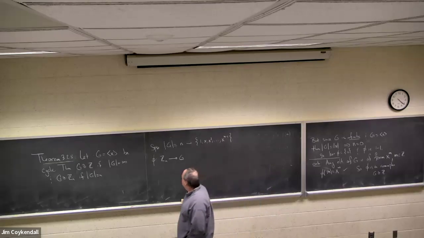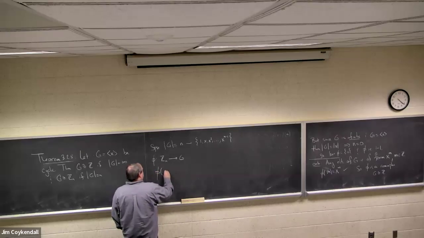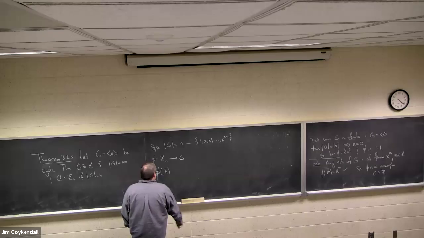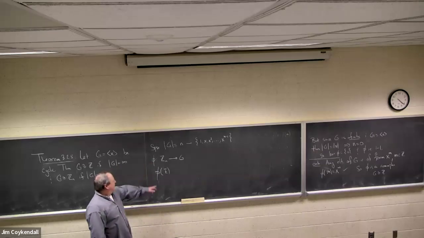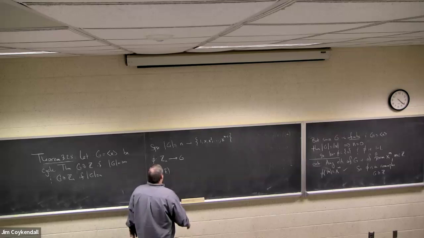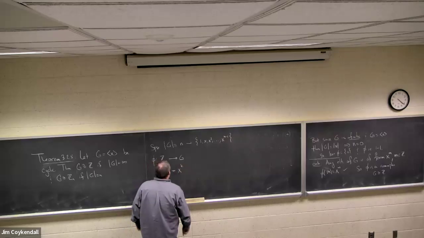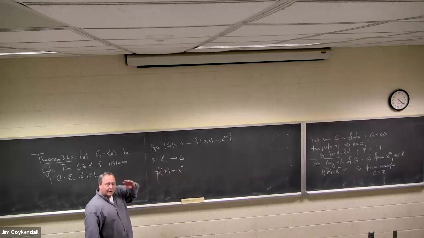I'm going to define phi from Zn to G this way. I'm going to put the hat on this. I'm going to write my elements of Zn with a hat on it, to distinguish them from ordinary integers. This is equal to X to the K with the hat off. This is an integer.